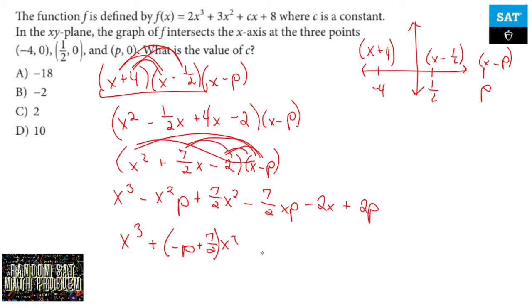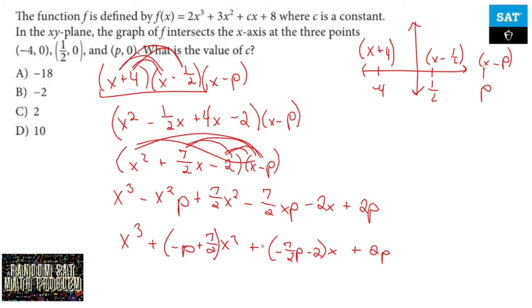I'm going to do the same thing: plus, and I want x all by itself over here, negative 7/2 p minus 2, plus 2p.